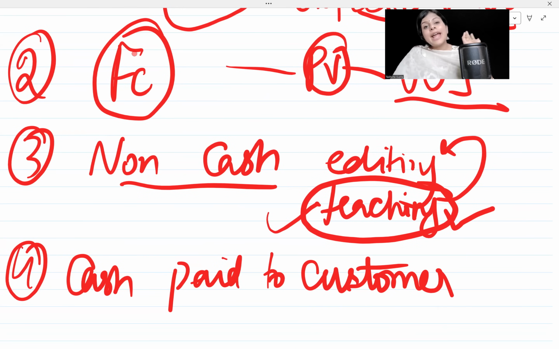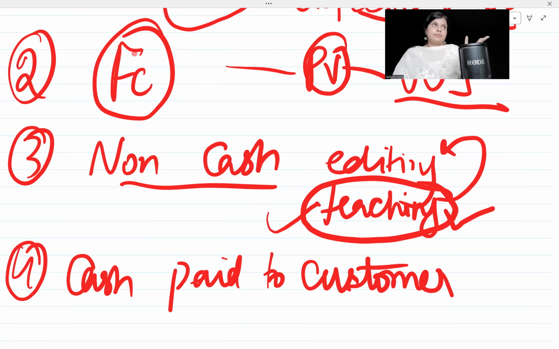Now, what if you're paying cash to the customer to give him some relief, maybe to comfort him? Why would you comfort any customer by paying cash? Let's suppose the customer says, to get your services, I have to travel 100 kilometers, so I am not okay with visiting your store. So you say, okay, we will bear the cost of you coming here. Maybe you're a jewelry store, and you come here and buy the jewelry.